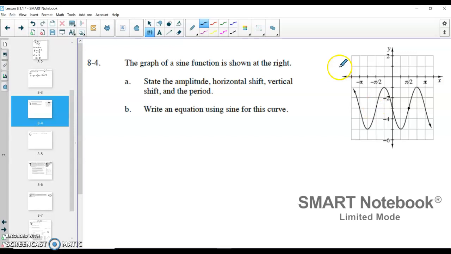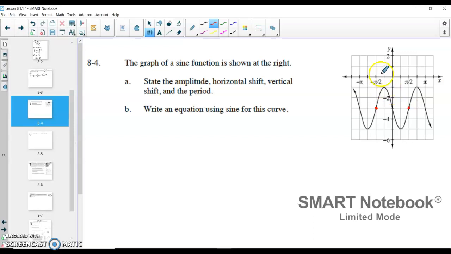So we start here at negative pi over 2, and we finish 1 complete cycle here at pi over 2. And so the complete function is happening in really a pi distance there. We're going to have to keep that in mind when we ultimately write my equation, that that's happening in the pi distance.